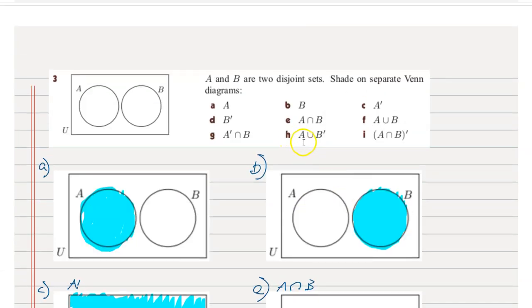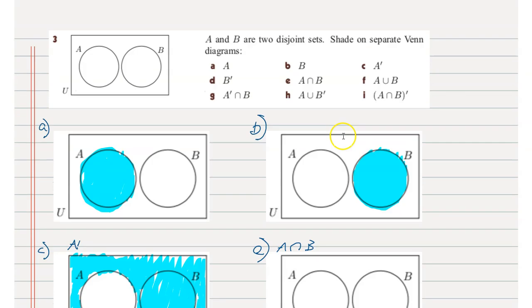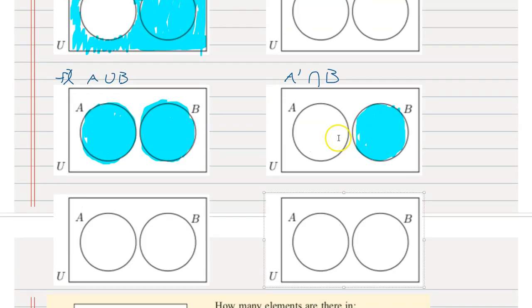And it's asking us the union of A and the complement of B.